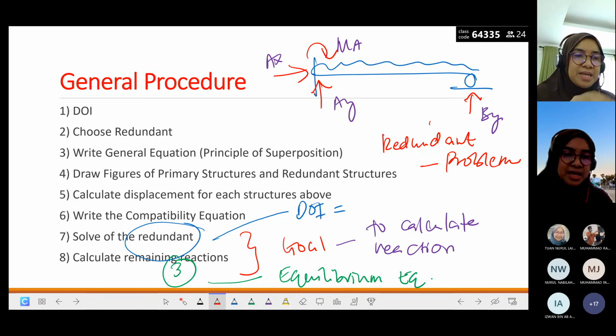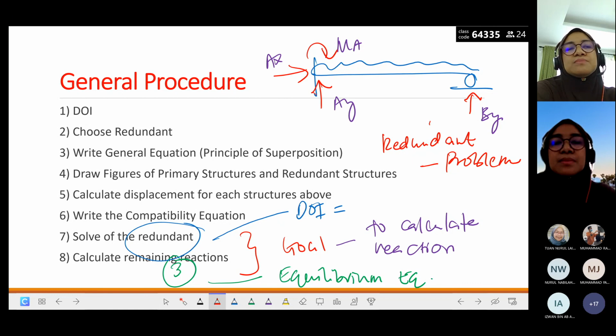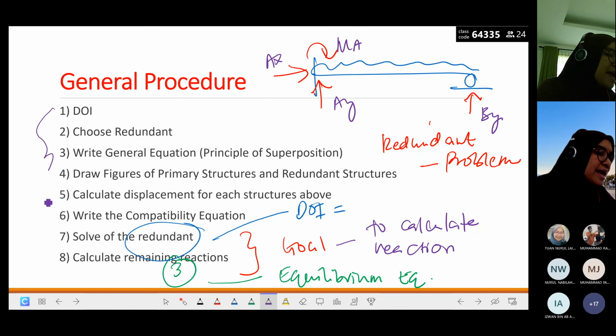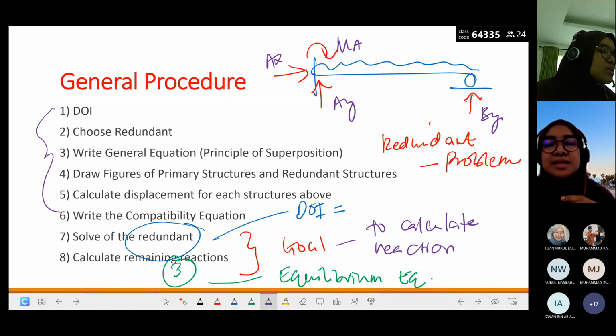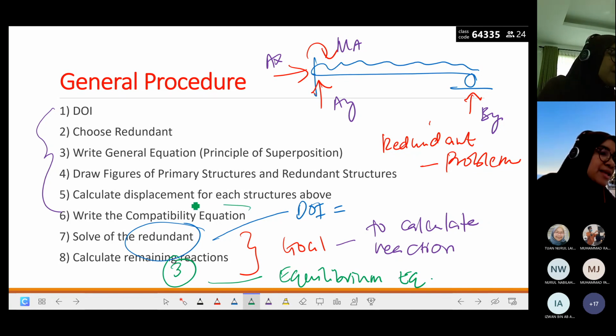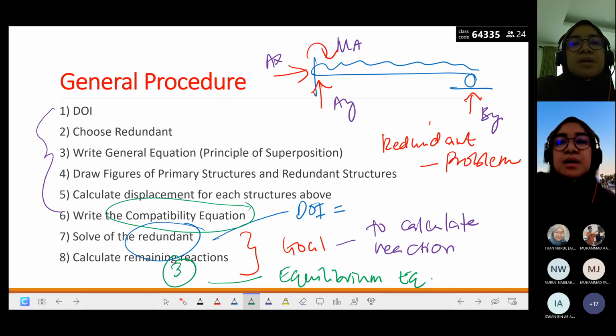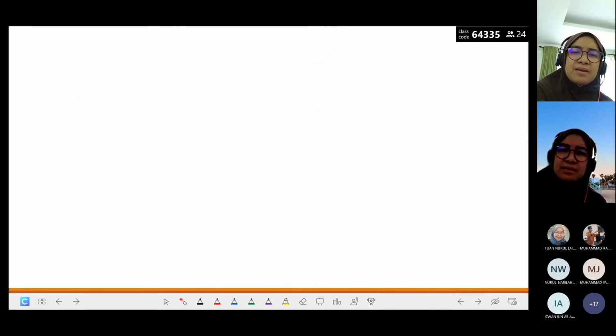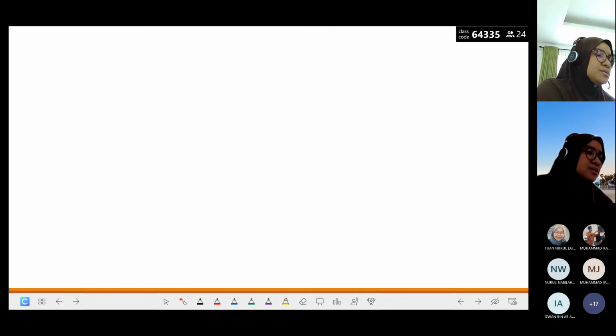So all the previous steps are actually to solve the value of the redundant. We will solve the redundant value by solving the compatibility equation. Do you get what I mean?